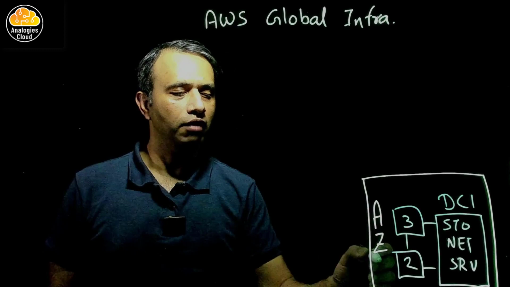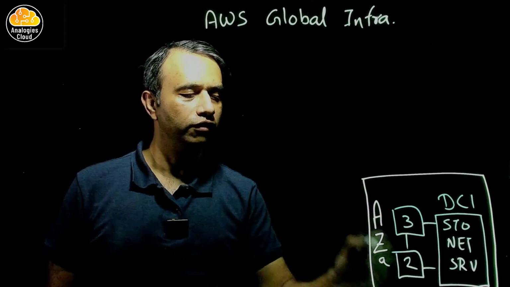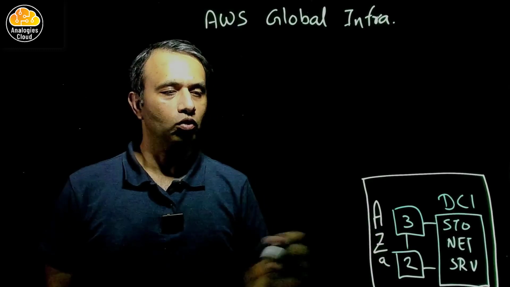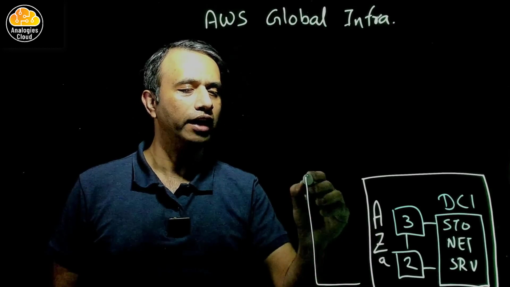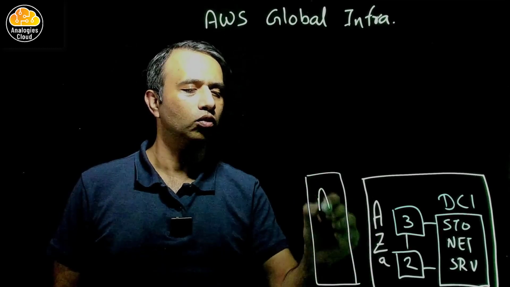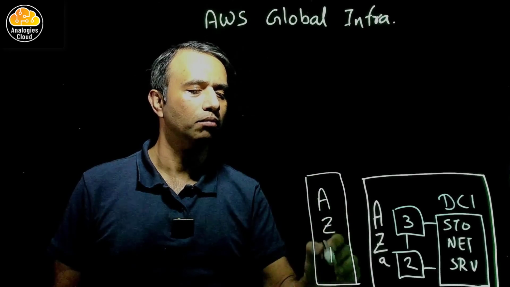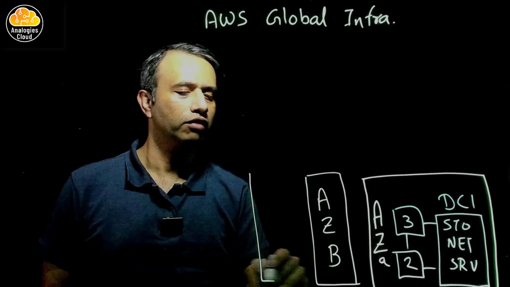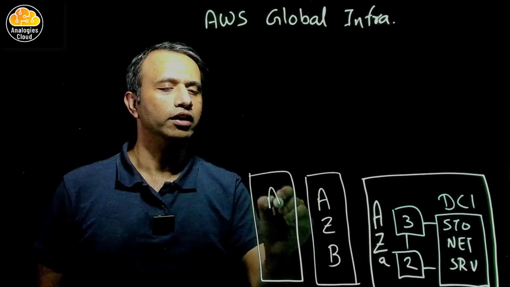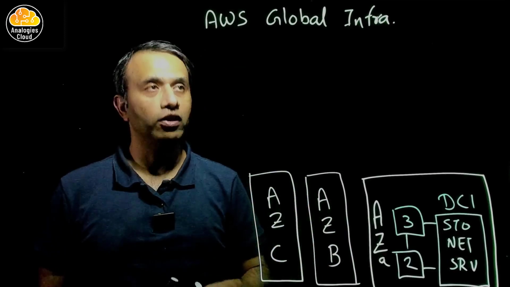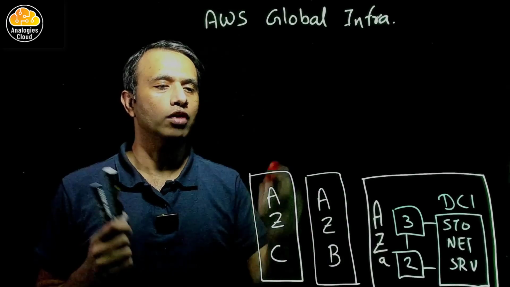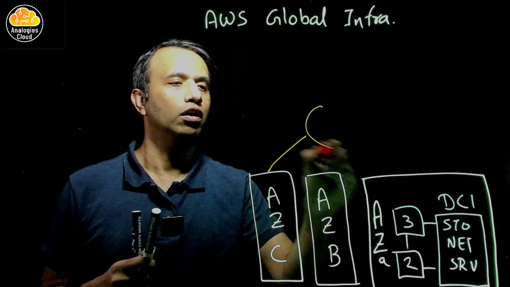Now, what if one availability zone is not sufficient? Let's say we call it AZ A. So AWS would open up, operate and maintain multiple availability zones. Let's say this is my availability zone B, and then we have another availability zone, availability zone C. These availability zones are further combined together into a logical unit, which we call a region.